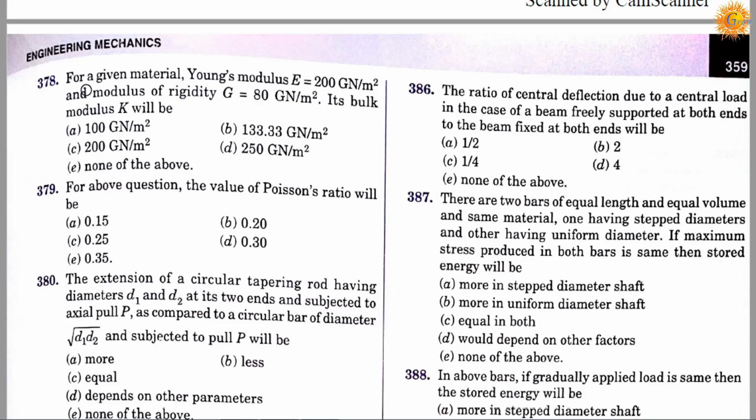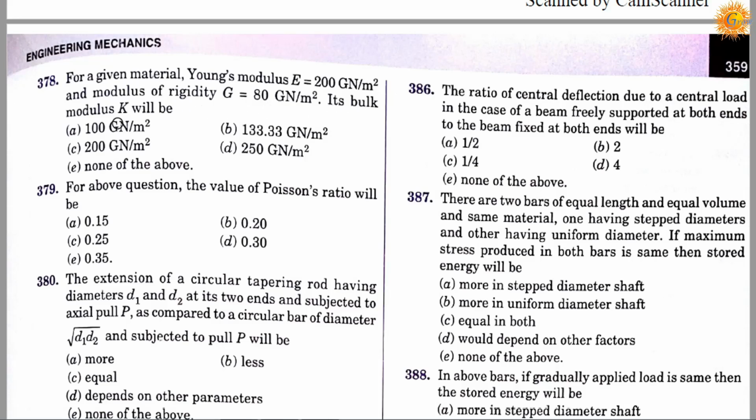Question number 378. For a given material, Young's modulus E is 200 GN per meter square, and modulus of rigidity G is equal to 80 GN per meter square.